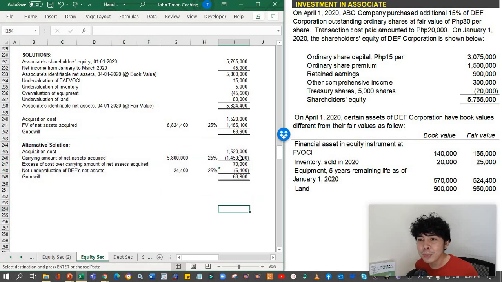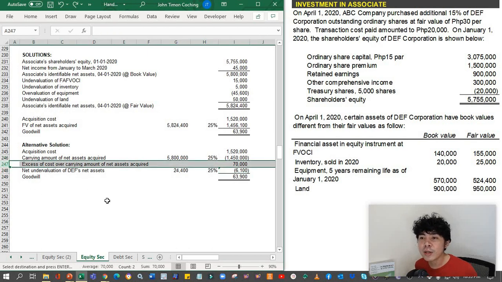At yun yung carrying amount na 1,450,000 at itong 6,100. Pag inadd mo tong dalawang to, ang sagot ng dalawang yan ay 1,456,100, which is yan yung fair value of net assets acquired. So, kailangan lang nating hatiin itong fair value of net assets acquired into its book value tsaka yung net under overvaluation kasi kailangan nating ma-identify yung excess of cost over carrying amount of the net assets acquired.